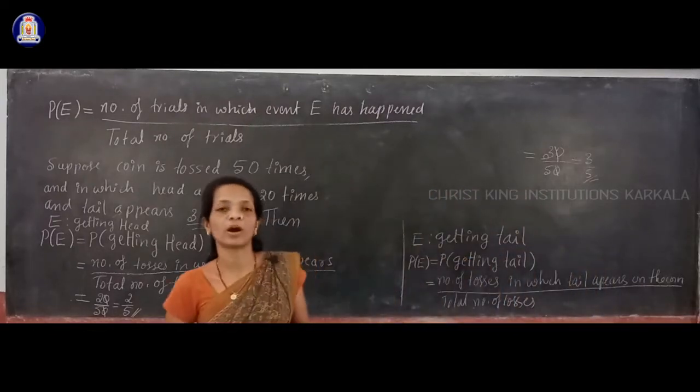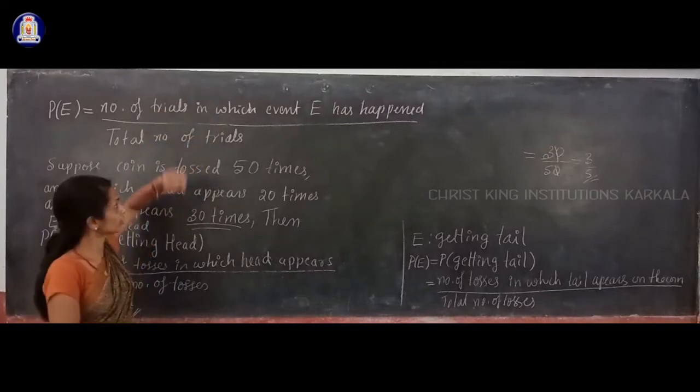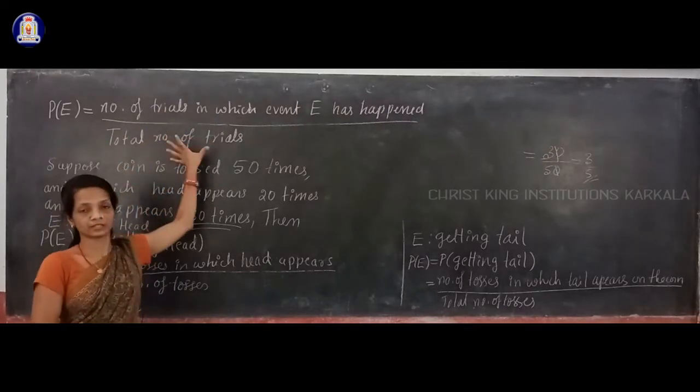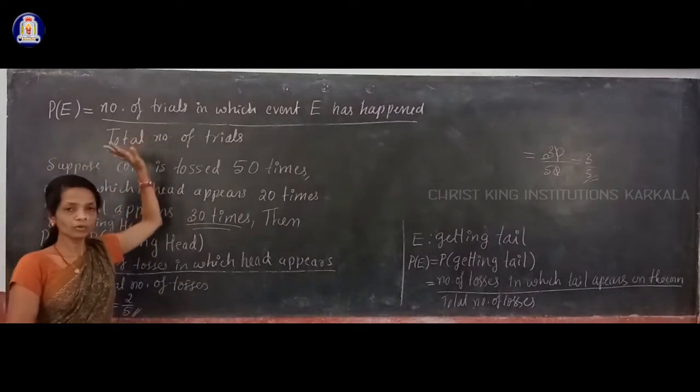This formula you have to use: number of trials in which event E has happened divided by total number of trials. You use this formula when you do more than one trial.